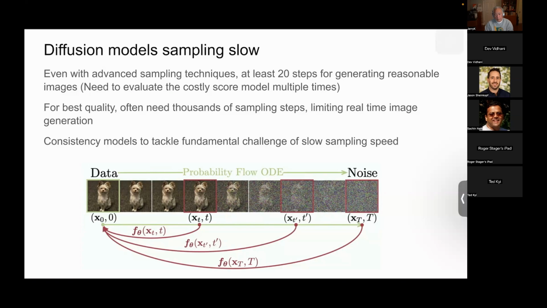So what consistency models do is to tackle this challenge of going from your noise to the data.